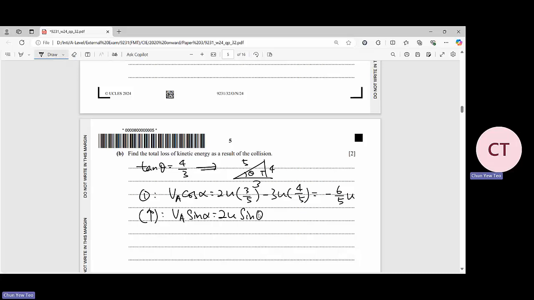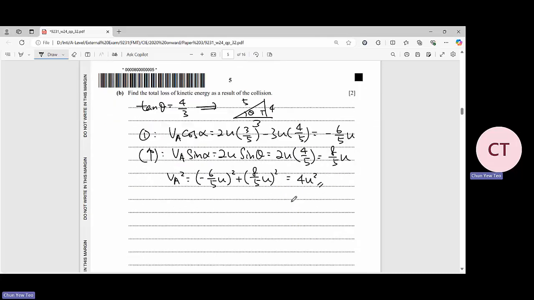The sine theta we already know is 4/5, so you get 8/5 u. So my VA squared will be negative 6/5 u squared plus 8/5 u squared. Pressing the calculator, I get 4u squared.